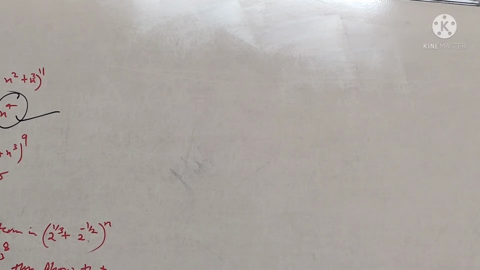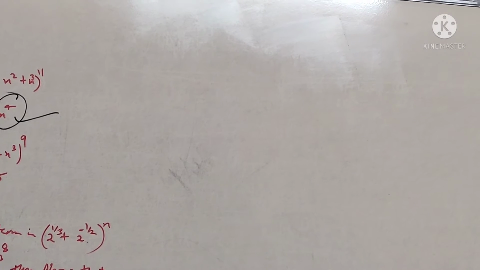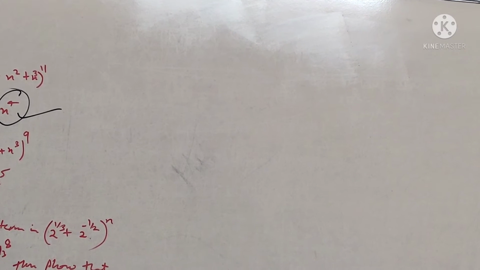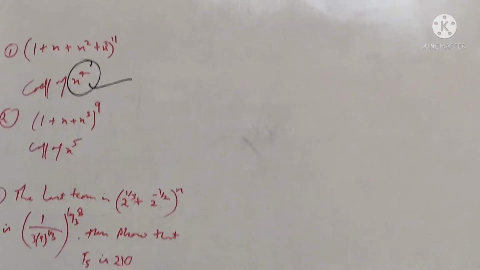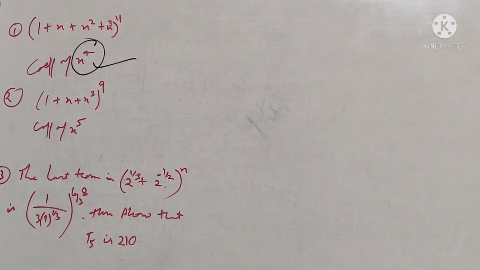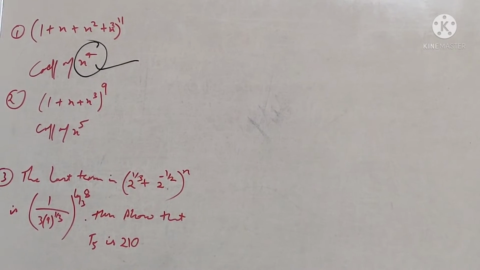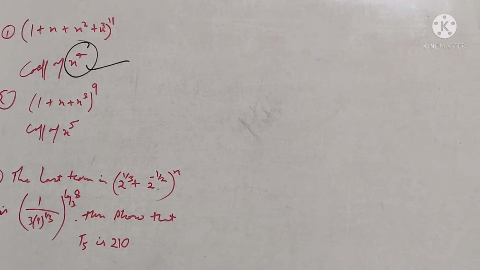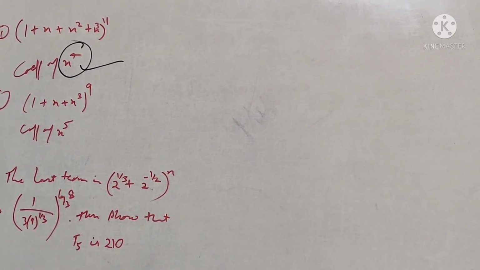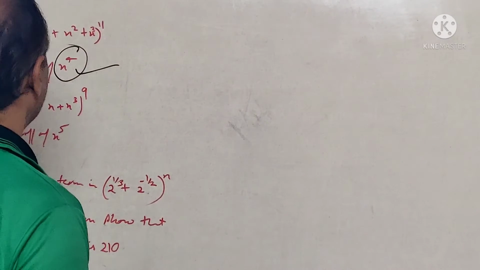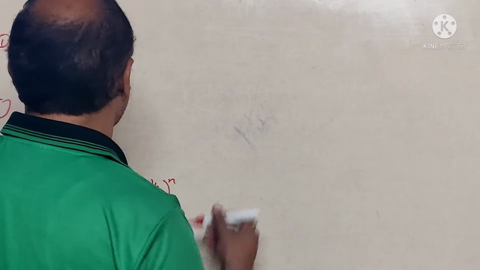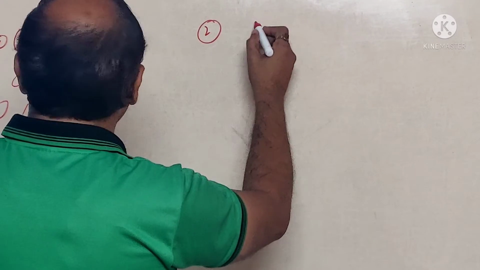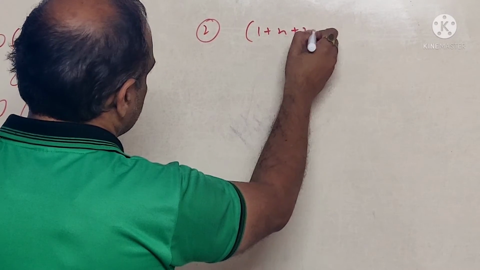Okay, now we have to find out (1 plus x cube) whole raised to power 9, and in this case we have to find out the coefficient of x power 5. Now here is how we can start. This is question number 2. This is (1 plus x cube) whole raised to power 9.